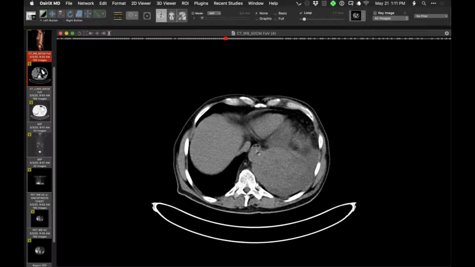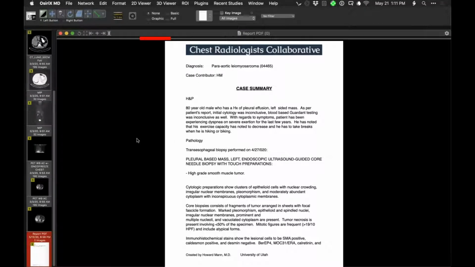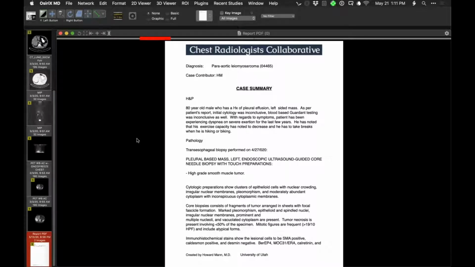So obviously it went in somewhere here and did a biopsy of this mass. And this turns out to be a high-grade smooth muscle tumor. I don't know exactly where it's arising, but it is a leiomyosarcoma with pathologic findings very consistent with that in that location.